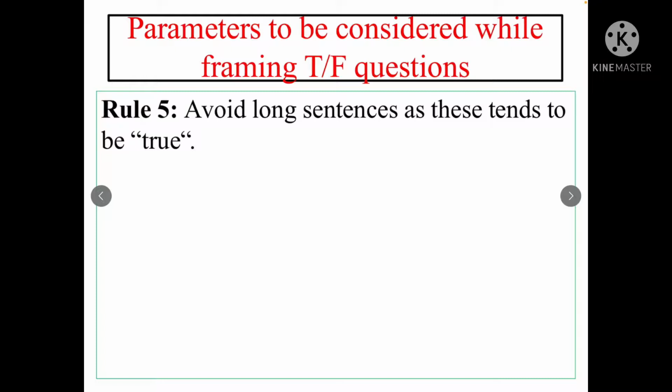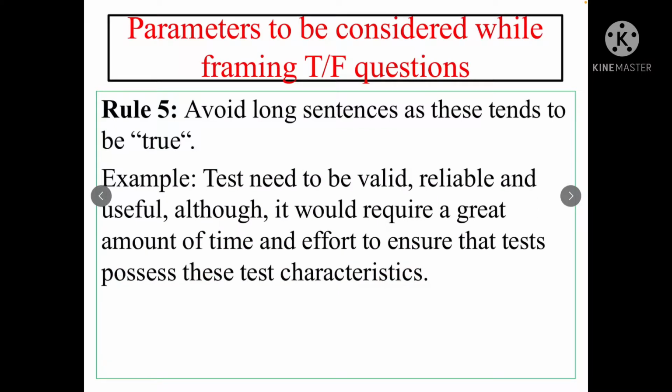Rule 5. Avoid long sentences as these tend to be true. For example, suppose I am giving a question like this. Tests need to be valid, reliable and useful, although it would require a great amount of time and effort to ensure that a test possesses these test characteristics.